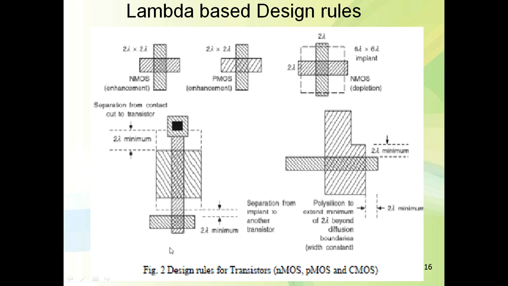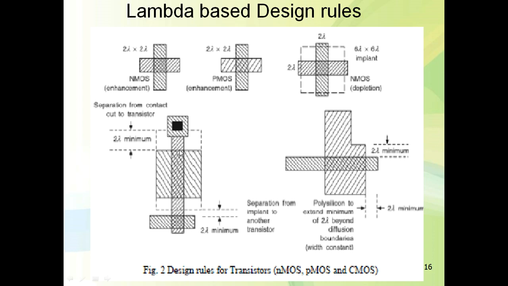Here the depletion mode transistor is shown, that is 4 lambda by 2 lambda. The width is 2 lambda and the length is 4 lambda, 8 lambda. So a 4:1 transistor is formed.